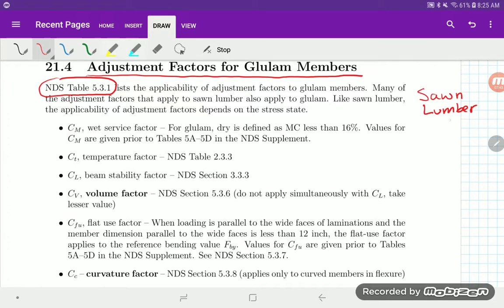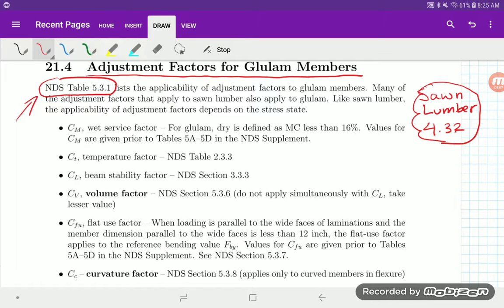For sawn lumber, all our adjustment factors and what factors we should use where are referenced in 4.3.2. Now what we're doing is glulam members, so we go to Table 5.3.1, and that tells us which factors we should use where.